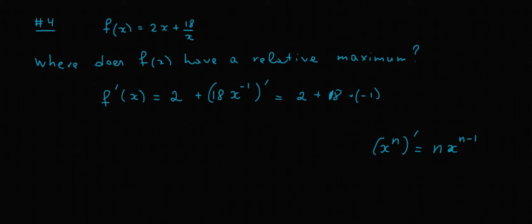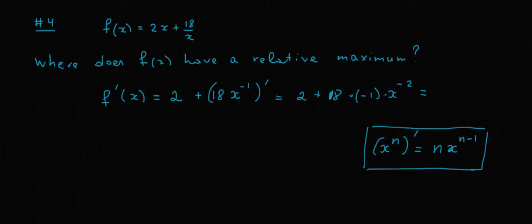Okay, this is the power rule. And so if we use it with n equals negative 1 for the power x to the negative 1, this is going to give us negative 1 times x to the negative second power.